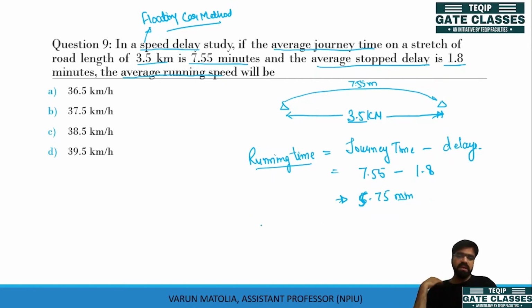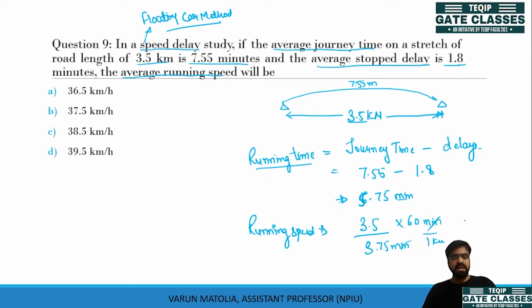Okay, so we can calculate running speed as 3.5 divided by 5.75 minutes. The speed will come out in kilometers per minute. So let us multiply with 60 so that we can get speed in kilometers per hour.